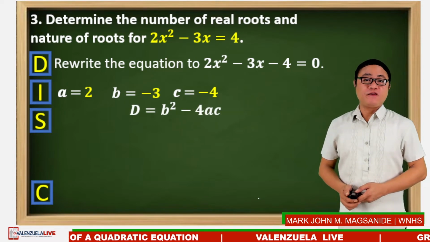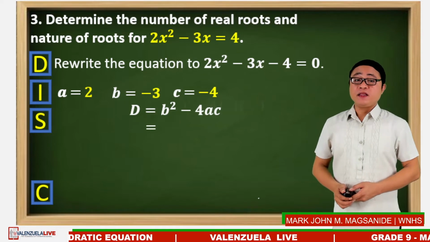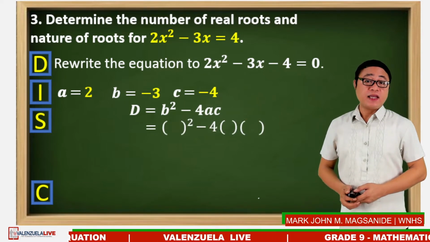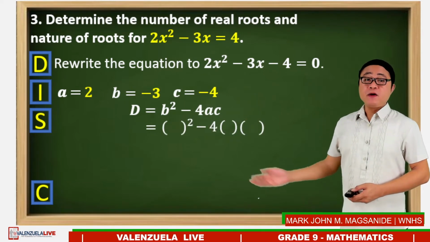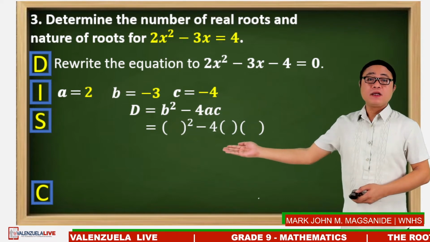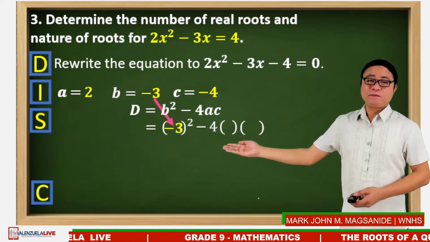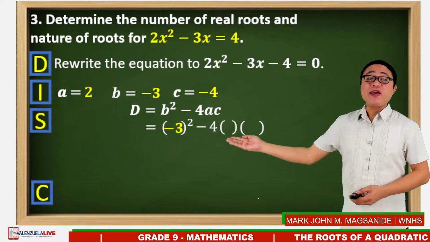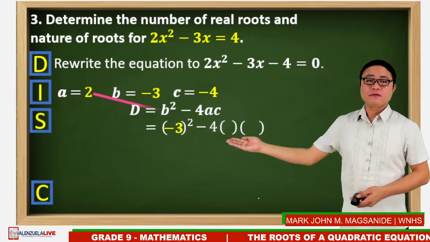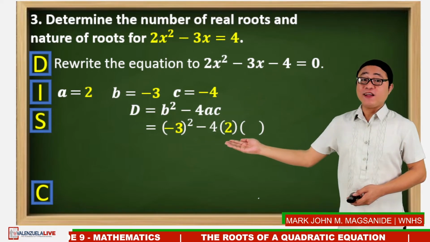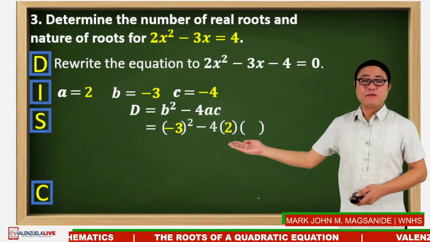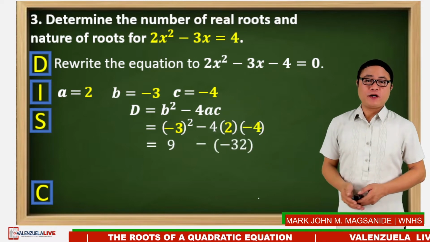Solve for the value of D. Fill in the value of B, A, and C. For B, we have negative 3. For A, we have 2. And for C, we have negative 4.